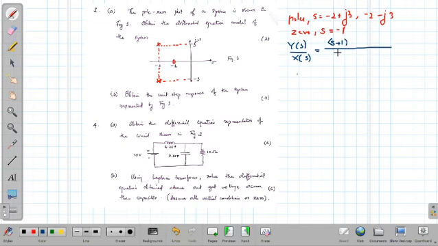So you will have s plus 2 minus J3. So this is one pole. The second pole is s plus 2 plus J3.